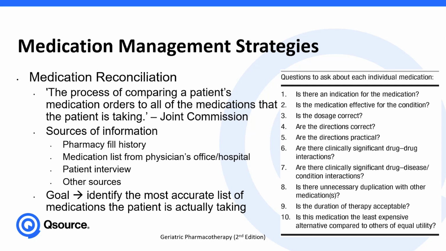So the goal for a medication reconciliation is to get the most accurate list of medications the patient is taking, and to try to get, especially in the long-term care intake process, try to understand what the context of this is. Is this a medication that the patient's been on for 20 years, or is it something that they've been on for 3 days? Because that makes a difference when you're trying to make appropriateness, overprescribing, and underprescribing assessments. Next slide.